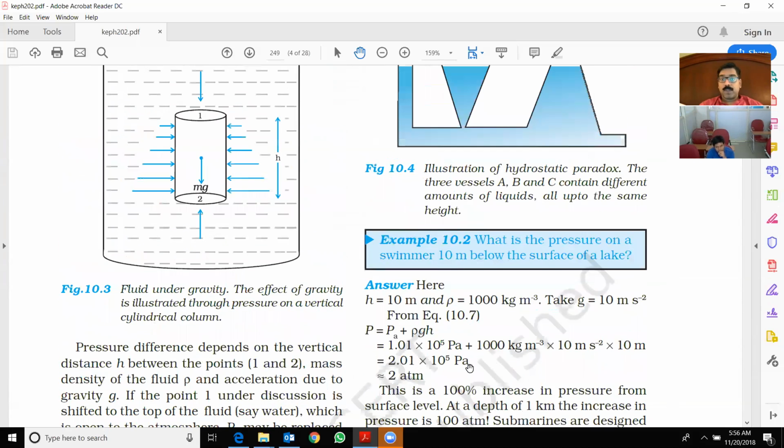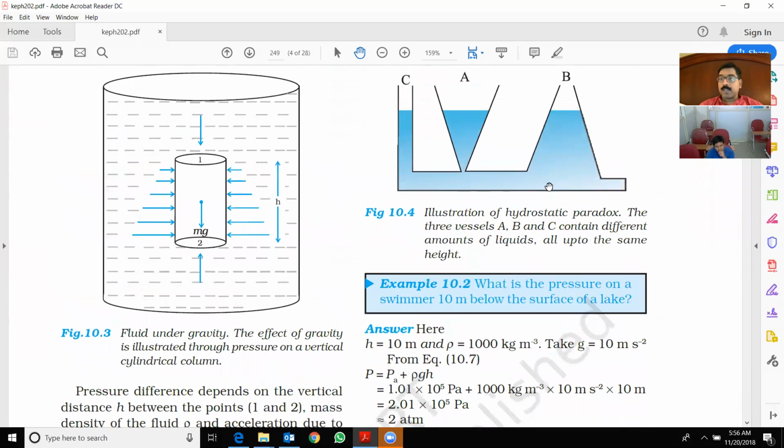Here it is common, so it has to have the same pressure, uniform. It cannot have one pressure here and a different pressure there.